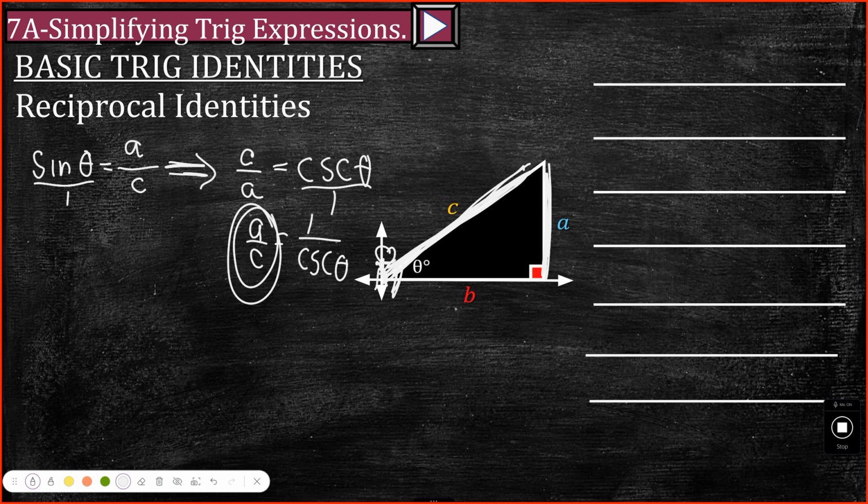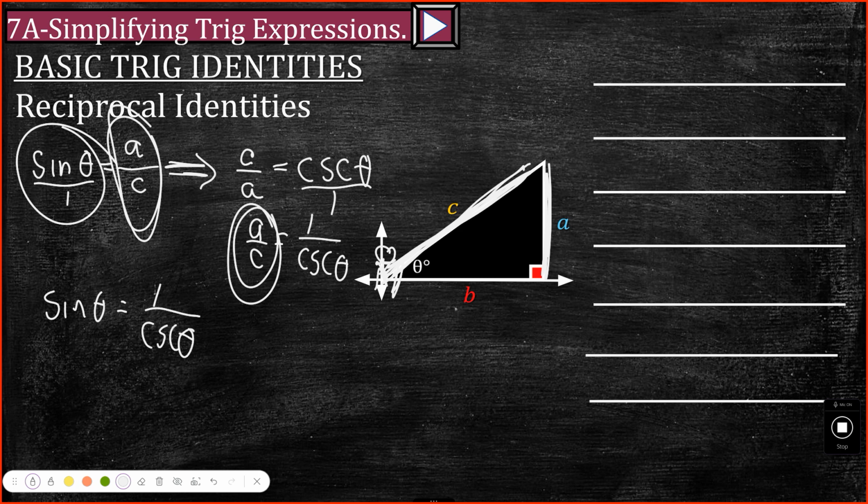A over C is sine theta. And if sine theta is A over C and 1 over CSC theta is A over C, then sine theta is equal to 1 over cosecant theta. Well, if sine theta is 1 over cosecant theta, then we can flip it again and say that cosecant theta is 1 over sine theta.